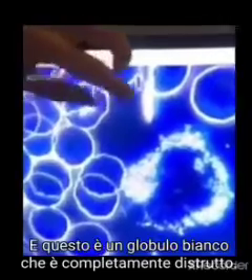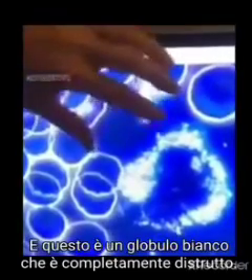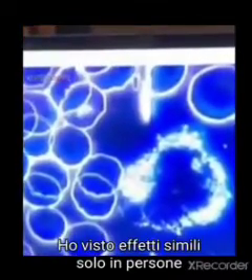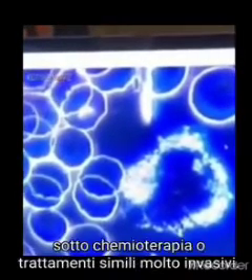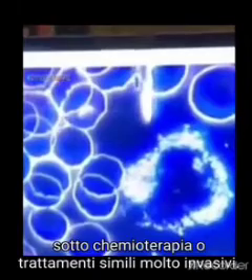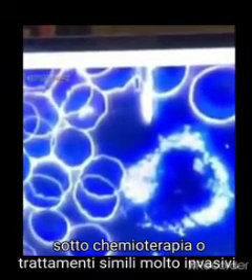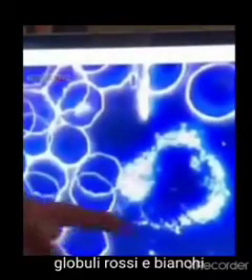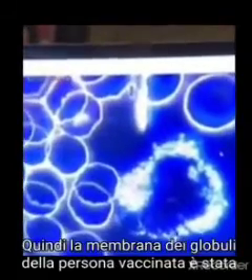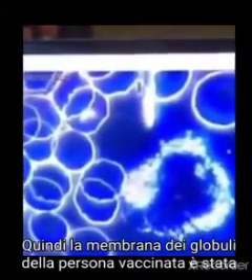And this is actually a white blood cell which is completely destroyed, which I have only seen in people after receiving chemotherapy or some kind of similar treatments that were very toxic. So again, it's very damaging to the red and white blood cells. Yeah, this is not normal. So the membrane of the blood cells in a vaxxed person has been completely corrupted.